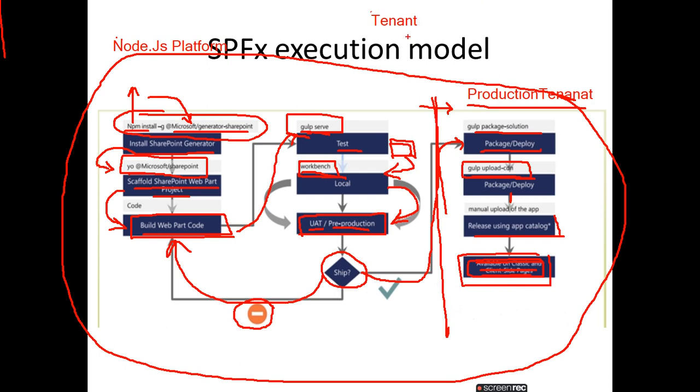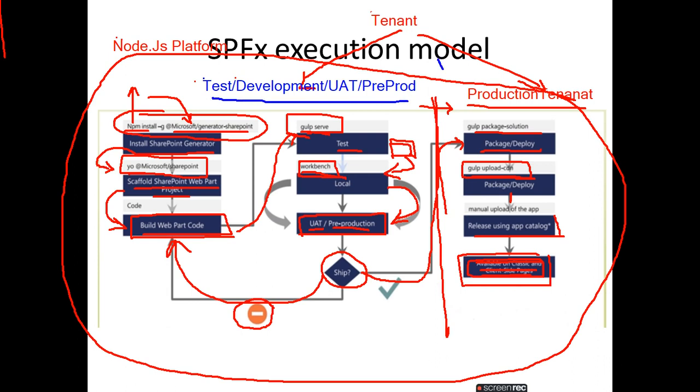Here I can say this tenant, and I name this tenant as test, development, or you can say UAT, or pre-prod. So these are the different names. Pre-prod means pre-production, before this part.